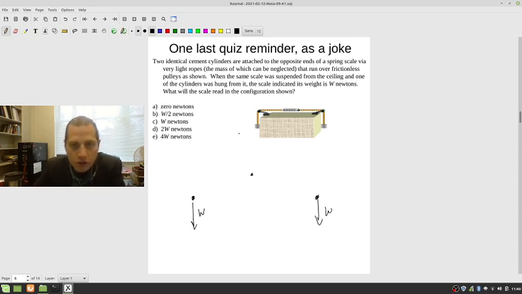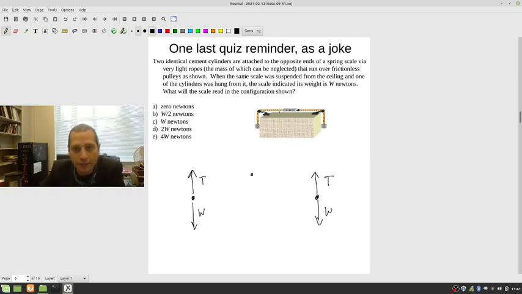However, each one of those cylinders is not accelerating, so that means that the tension force pulling up, there's a tension force on this side and a tension force on this side, has to have the size of W.